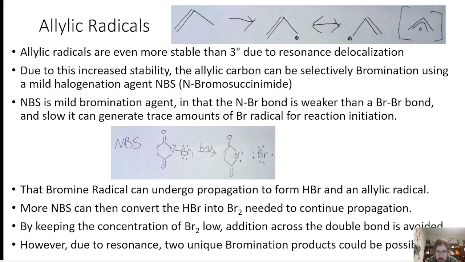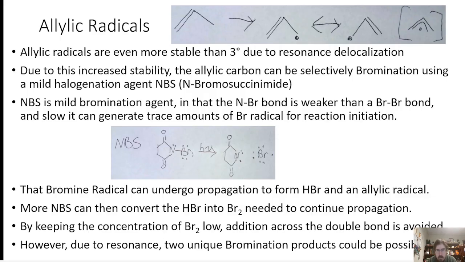So if you add more NBS, if you concentrate the NBS, so we make the allylic radical and HBr, and then the NBS can then convert HBr into bromine.